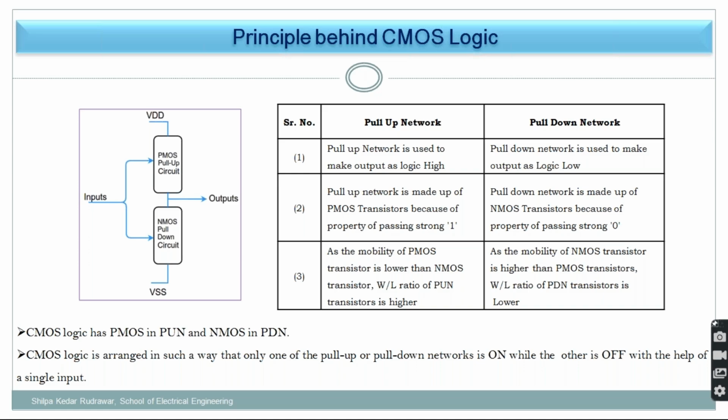To have the same amount of current or resistivity, to have equal on-off time, we require PMOS to have a higher W/L ratio than the NMOS. I cleared that using a graph in the last lecture. So PMOS is connected in the pull-up network and NMOS in the pull-down network, and at a time only one device is on.